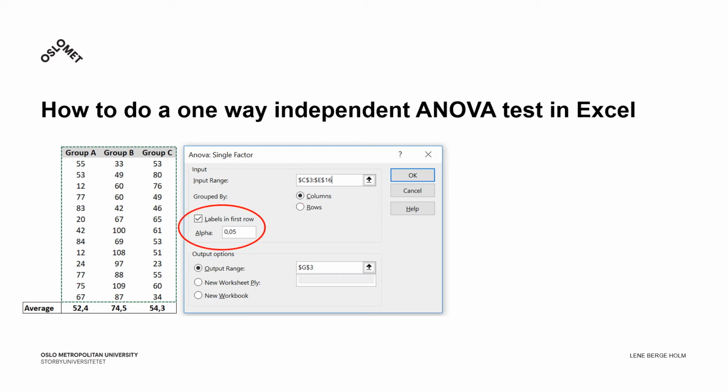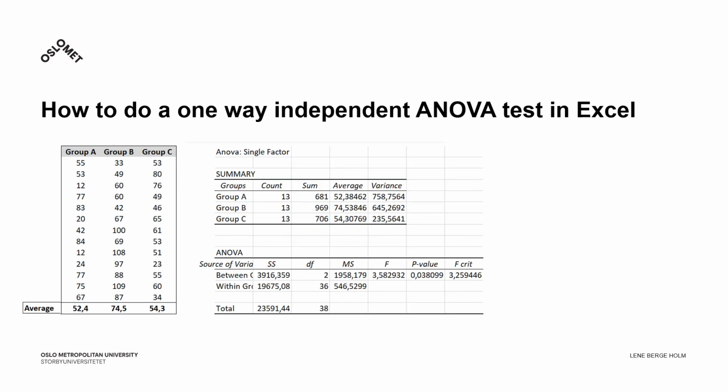Here you can see that I have said that I have labels in the first row, and my alpha level, the significance level, is 5%. Here I decide that I want to have the output next to my table and not in a new worksheet. So when I now press OK, I will get this table, and these are my results.